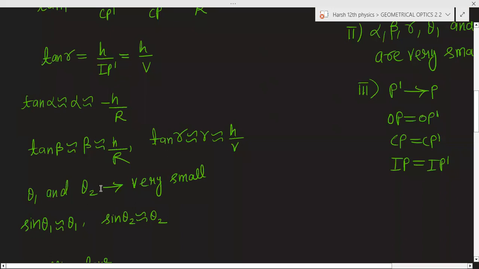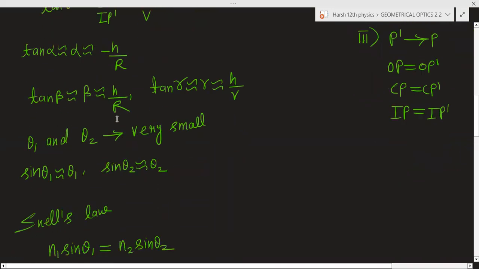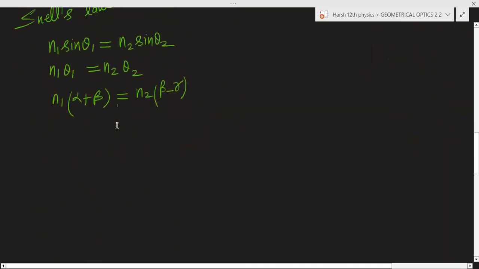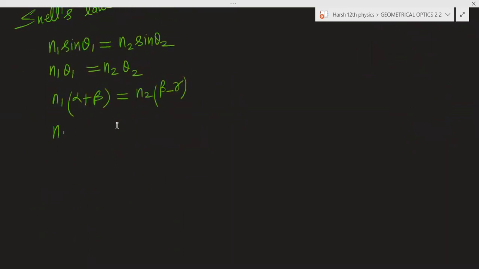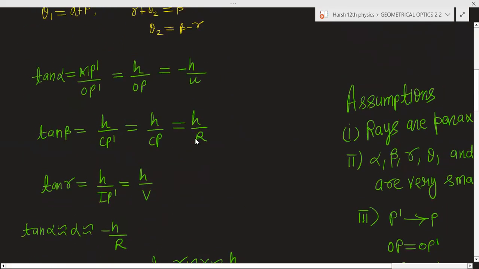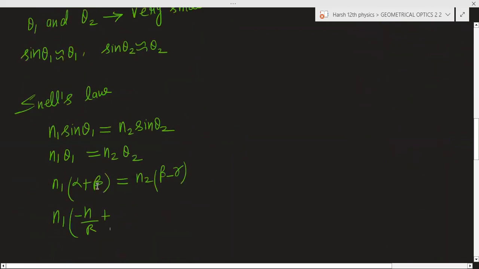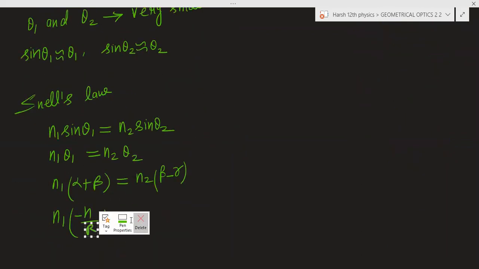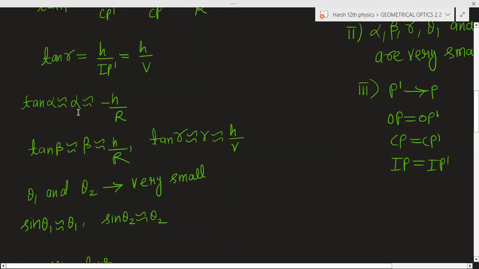Alpha is h by u, approximately, plus beta, which is h by r only.